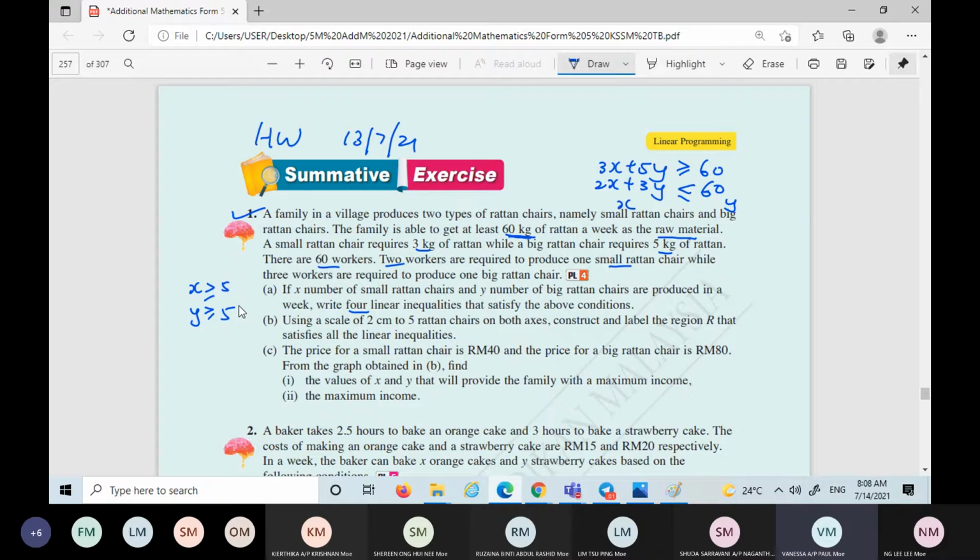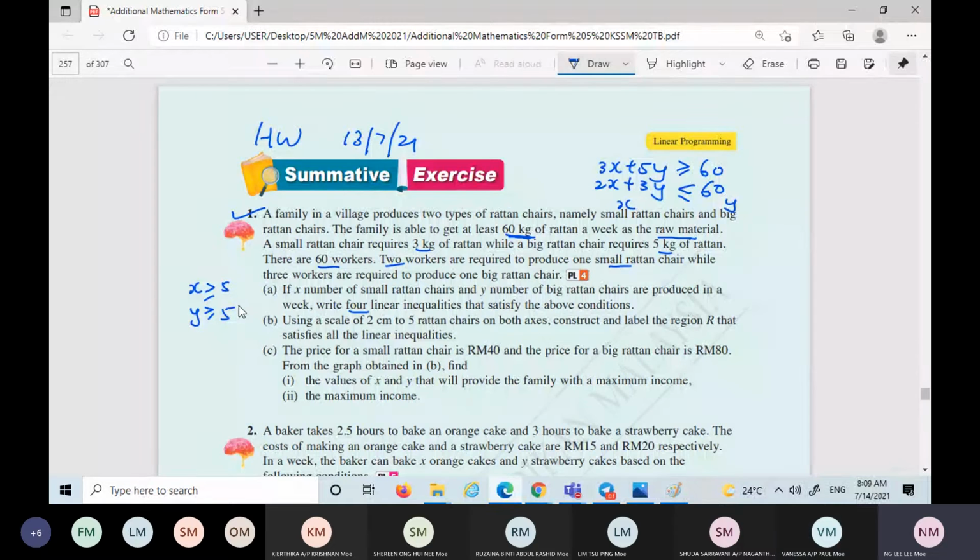So I put that, then they would work more than 5 days also, so x over 5. But it didn't mention in the questions. How do you know they work 5 days in a week? They can work 6 days in a week. They can work only 2 days in a week. Correct or not?